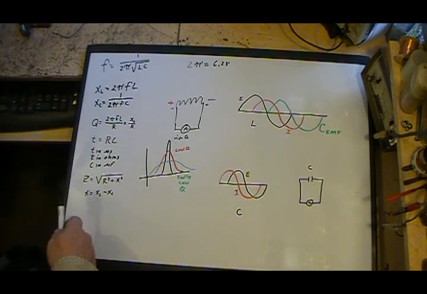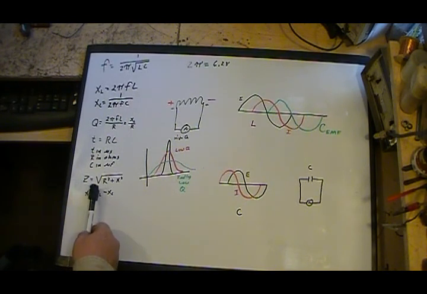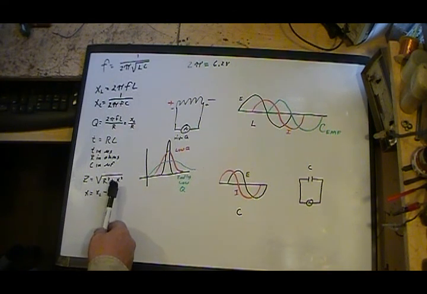But Z is used for impedance. And the standard formula is that the impedance equals the square root of your resistance in the circuit squared plus your reactance in the circuit squared.